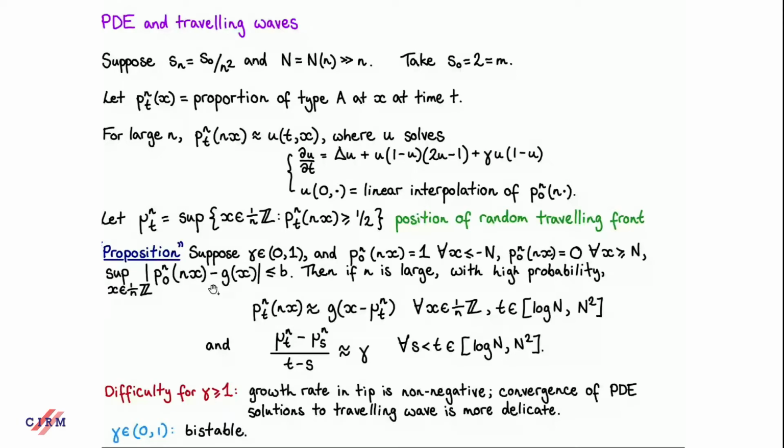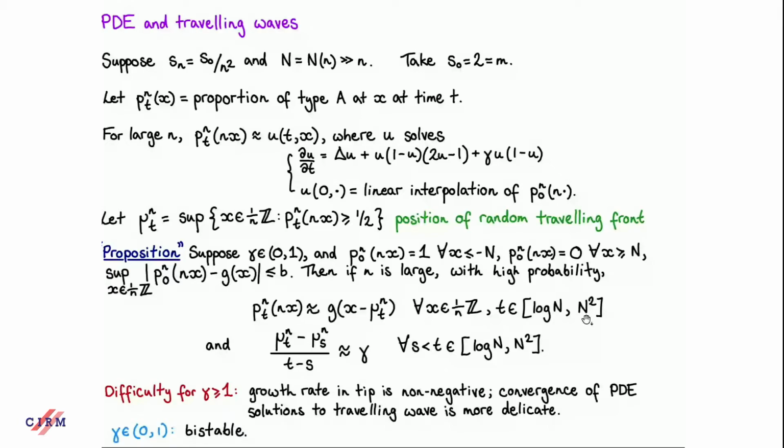So under these conditions, if n is large, then with high probability, we can say that if we scale p n t by 1 over n, then it's very close to g of x minus mu n t, and that's for all x, and for t relatively large, but not crazily large.